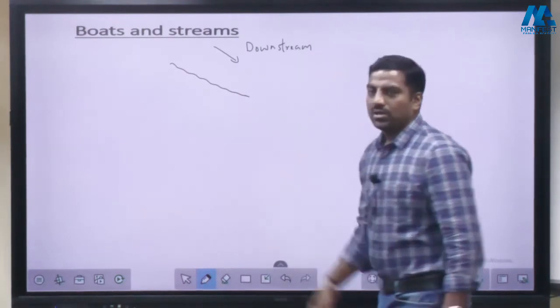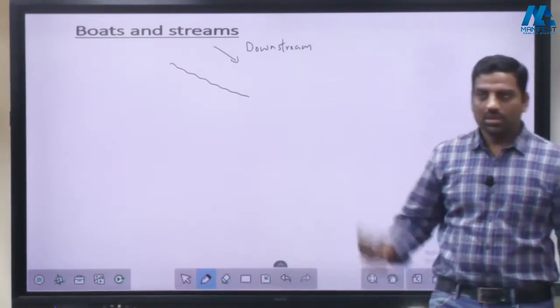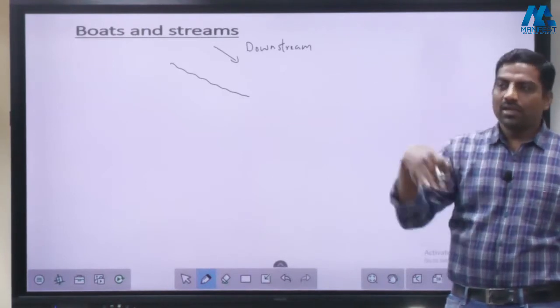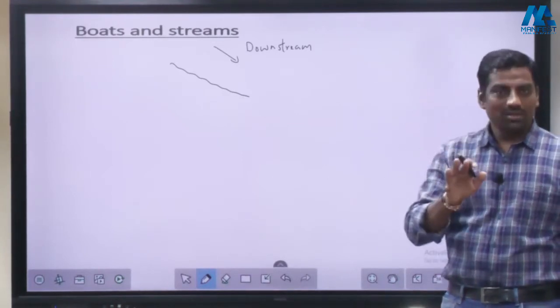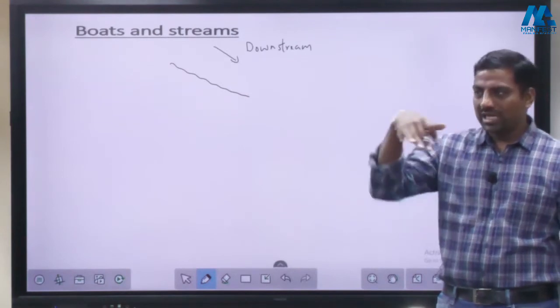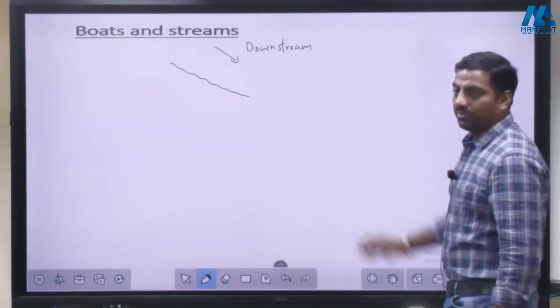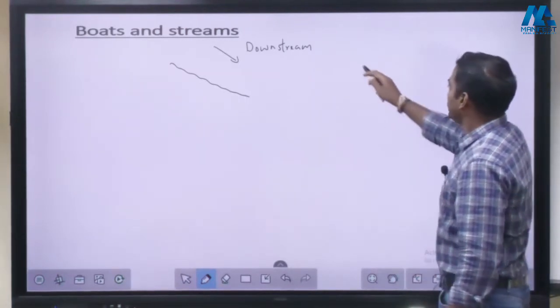Have you heard of downhill, uphill? Down the slope of the hill, up the slope of the hill, uptown, downtown. In the town, there will be some low-lying area, you are going towards there. So this is downstream.